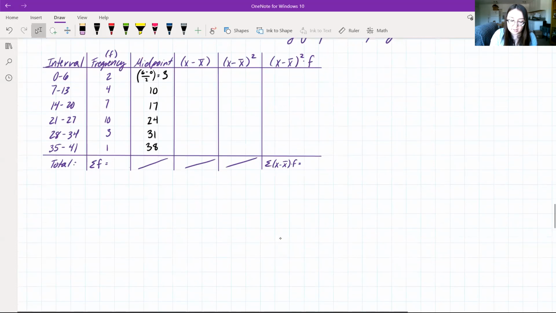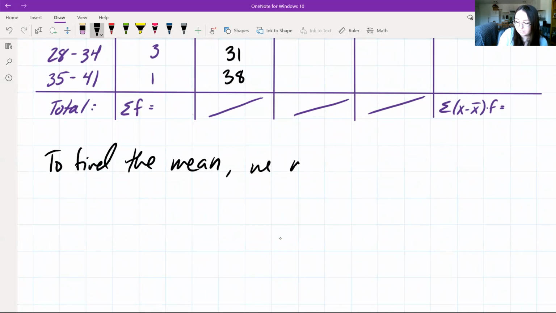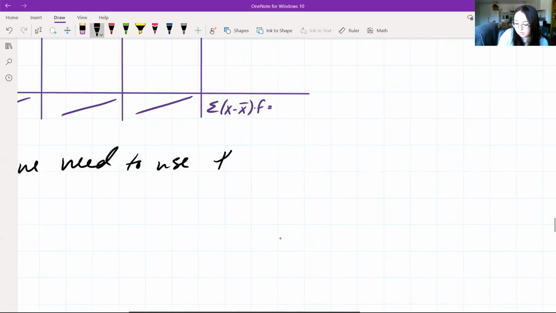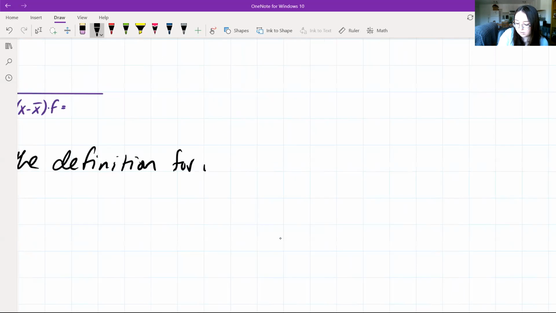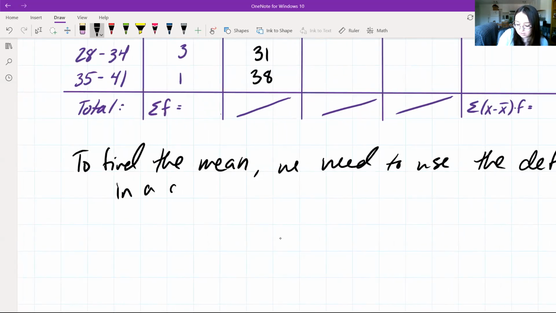So, to find the mean, we need to use the definition for mean in a grouped distribution.